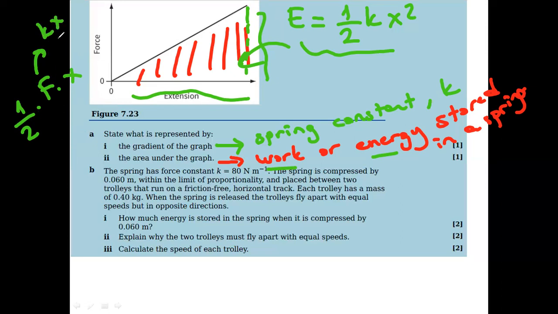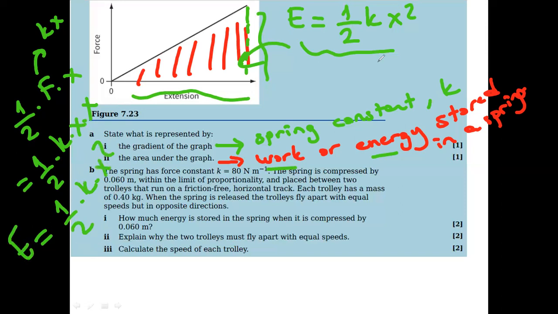If I put Kx instead of F, the area is going to be equal to 1/2 times K times X times X, which is basically equal to 1/2 times K times X squared. So the energy stored in a spring is equal to 1/2 times K times X squared.